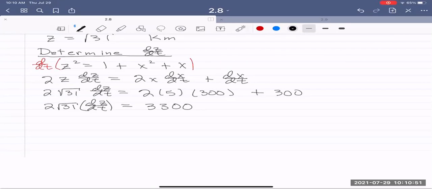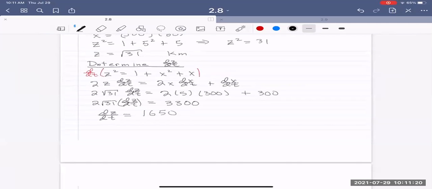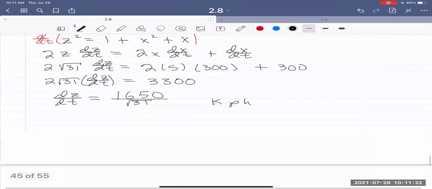So dz/dt is 3,300 divided by 2, which is 1,650, over radical 31. And this is in kilometers per hour. Okay, so that's what we want to figure out.